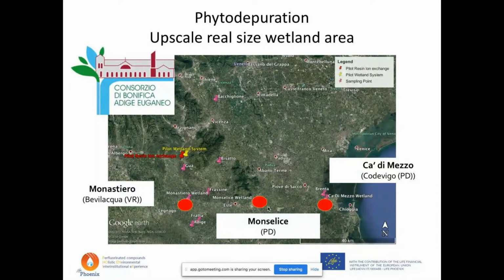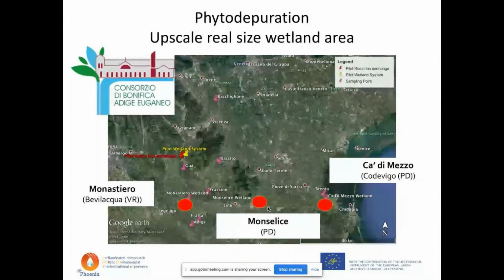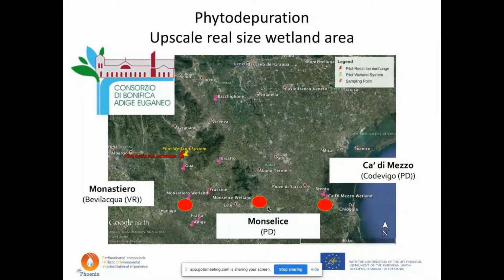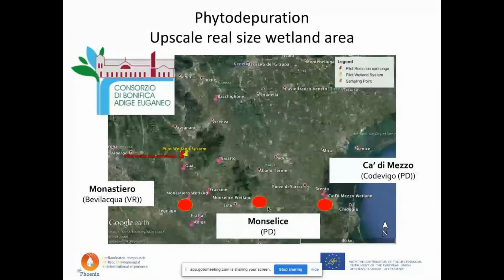All these areas are managed by the Land Reclamation Consortium Adige Euganeo, which gave us all the help related to logistics and other matters in order to completely use this wetland area and wetland system to perform our testing.